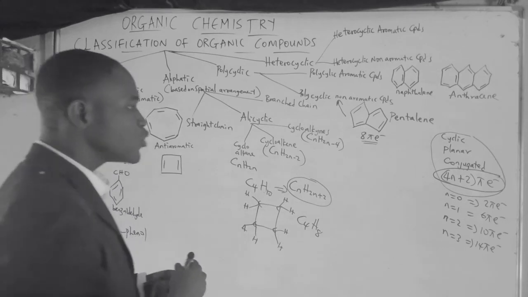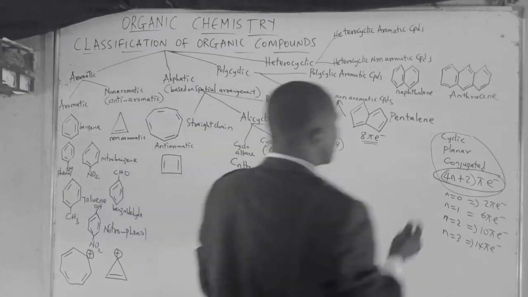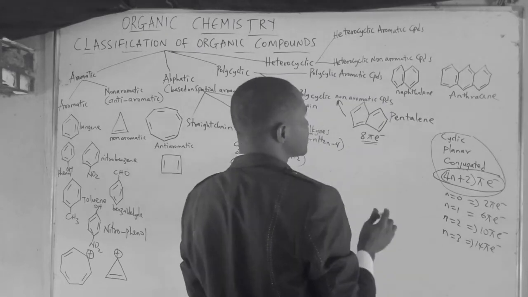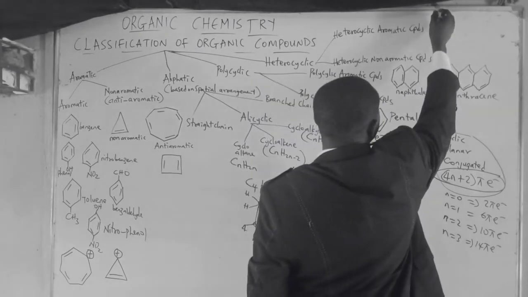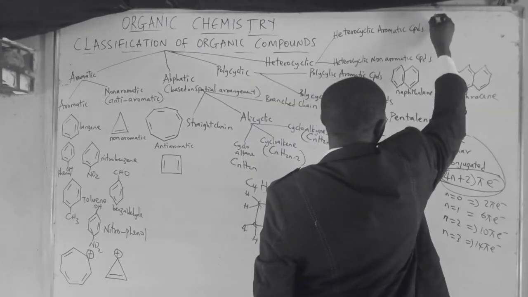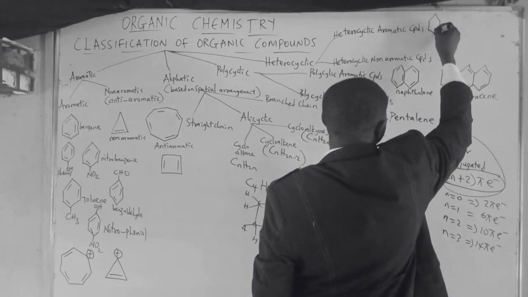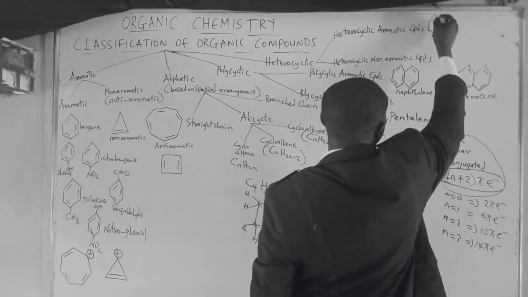Then, what examples do we have? Under heterocyclic aromatic compounds, we have pyridine, which has nitrogen here.